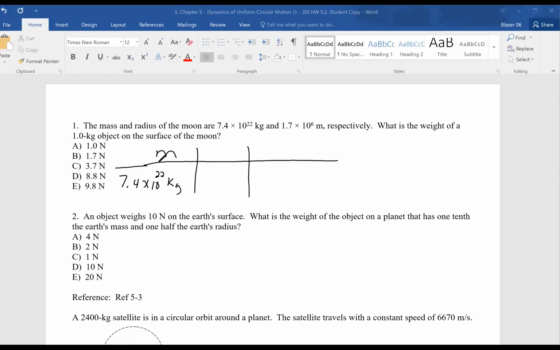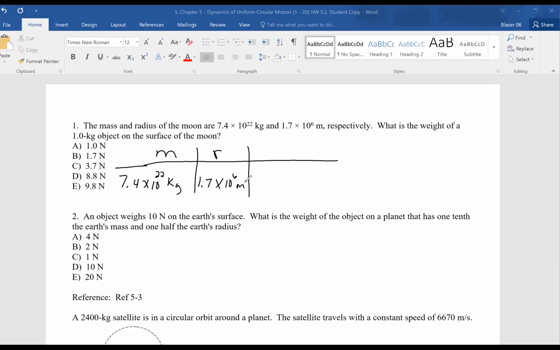You can notice right away that this number is 10 to the 22nd. Remember, the Earth had the exponent 10 to the 24th. So of course, the Earth is more massive than the moon. We know that already. And the radius here is smaller than the Earth's. The radius is only 1.7 times 10 to the 6 meters.